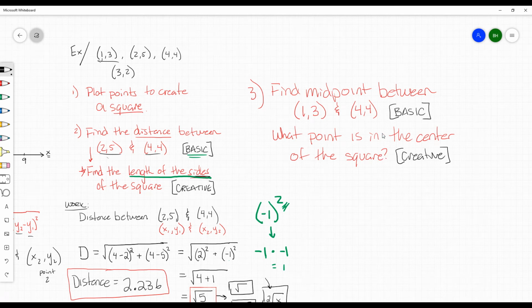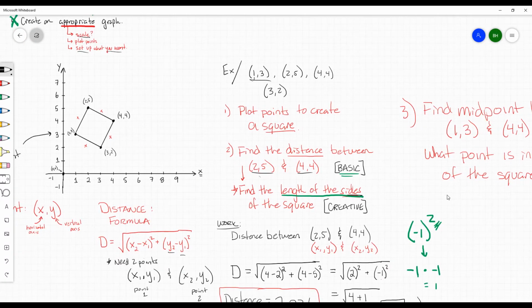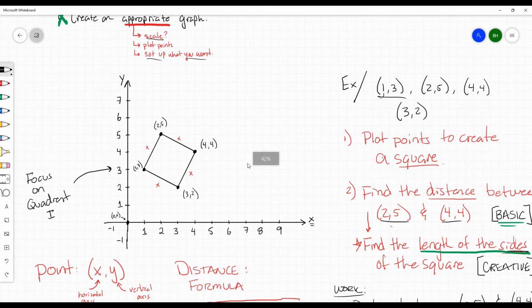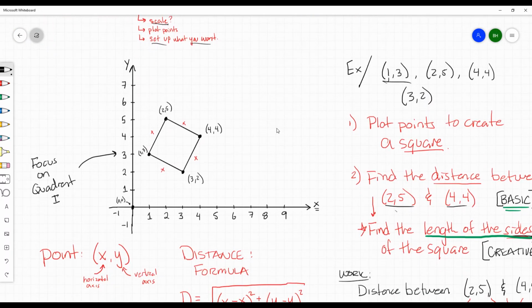So looking at this type of question, it's a little bit more open-ended because if you had a graph or a picture that looked like this with the square, you can visualize where the center is, somewhere around there. But there's 2 ways to get there. You can either find that point by finding the midpoint of any of those 2 opposite points.